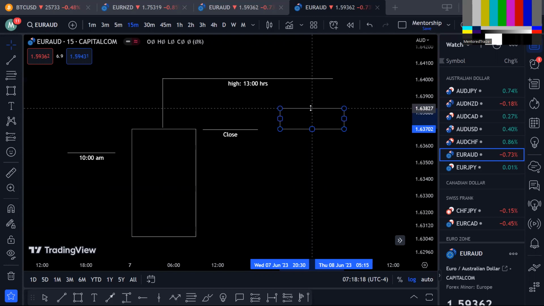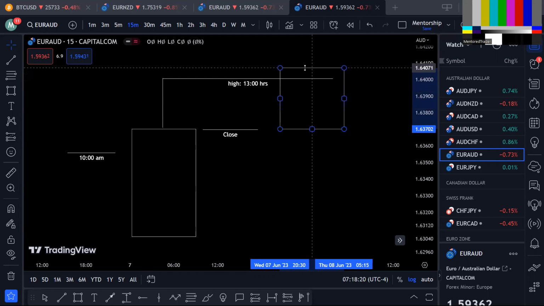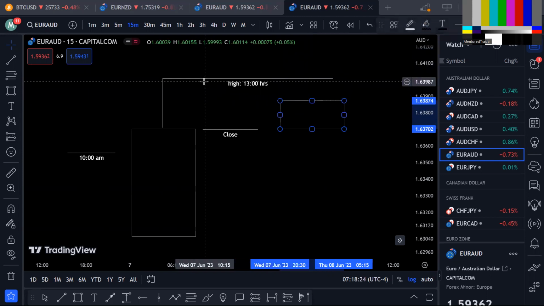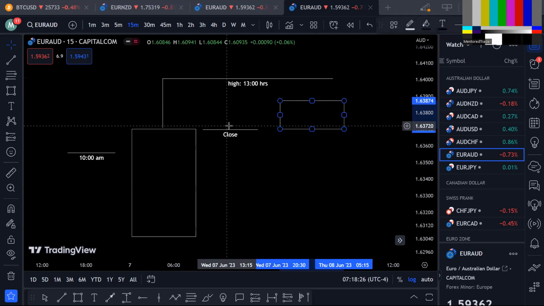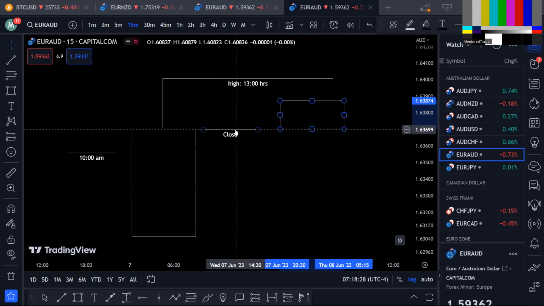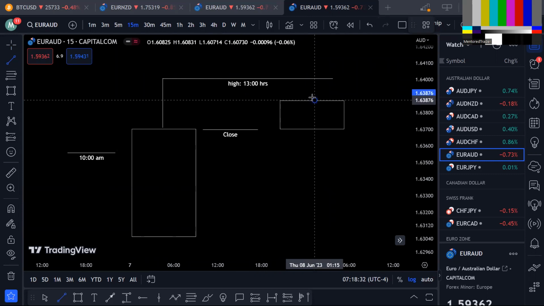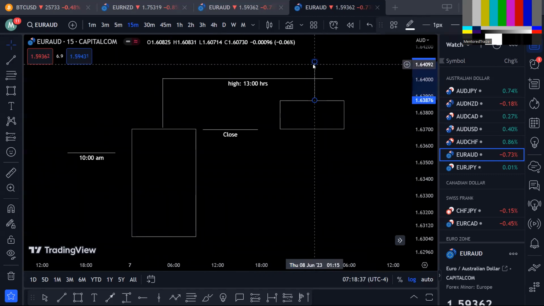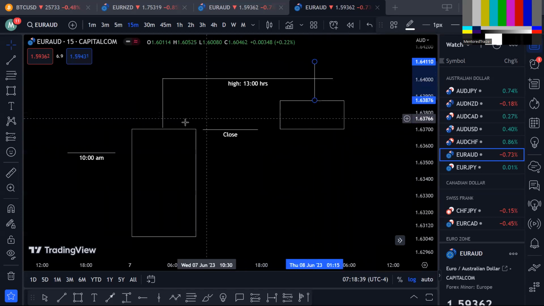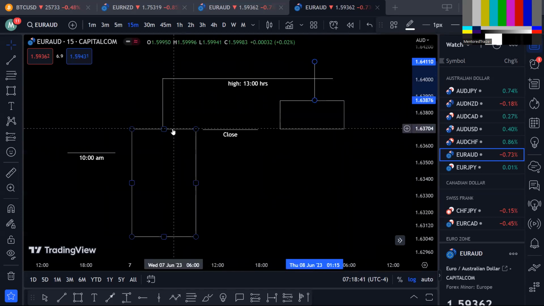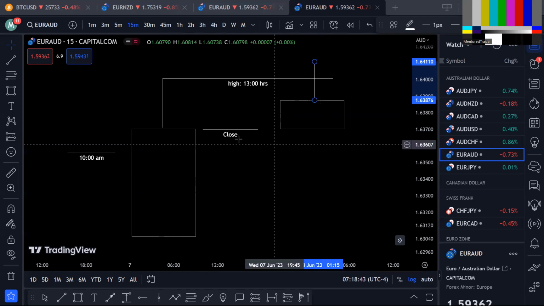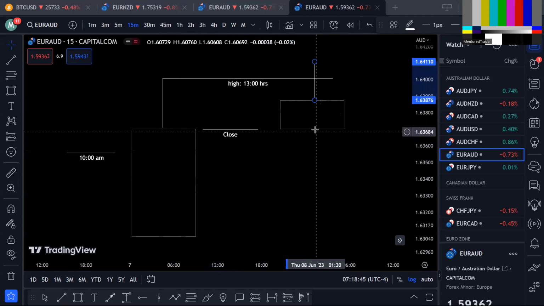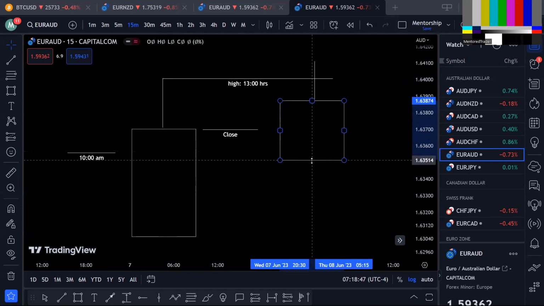It should either close above the previous candle's high or between the previous candle's 1300 hours and the close, which was 1700 hours. So let's say, for example, this candle opens and either goes above the previous day's high or between the previous day's close and high. Which time am I looking at this specifically?